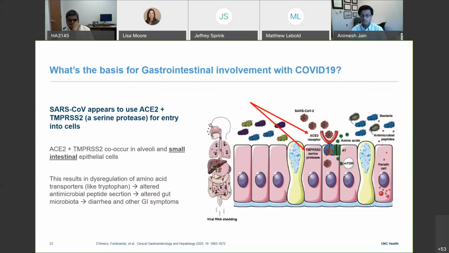Now, at first, my assumption was the virus gets into the intestinal cells, it damages enterocytes, causes direct toxicity to the GI lining, and hence you get this inflammatory diarrhea. The proposed pathogenesis is a little bit different and is shown on this slide. Again, this is somewhat speculative, but this is the proposed pathogenesis. It seems like the virus gets into the enterocytes.